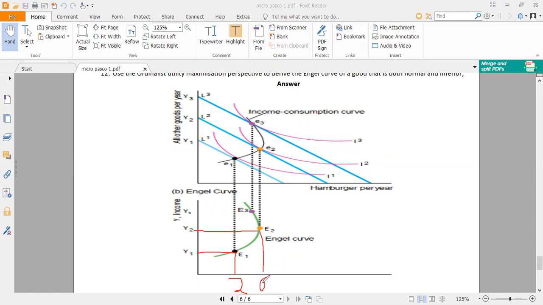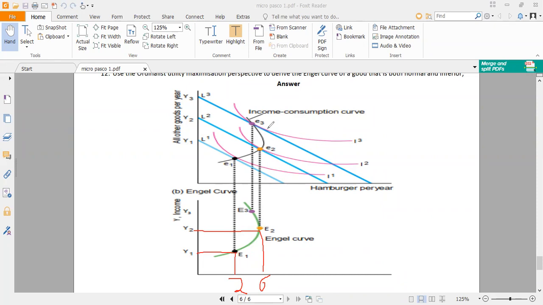The person is buying 6, okay. It means that there's a positive relationship between income and demand, and that means that this good is a normal good. When income increases and your demand increases, it means you are dealing with a normal good, okay. So this is the point where the good here is a normal good.